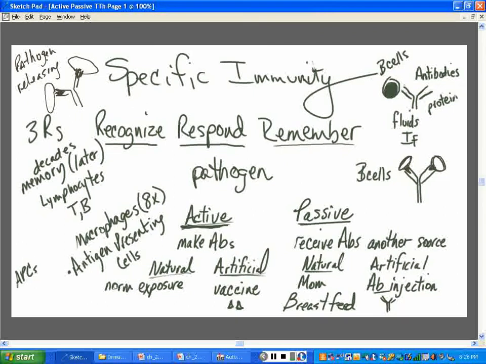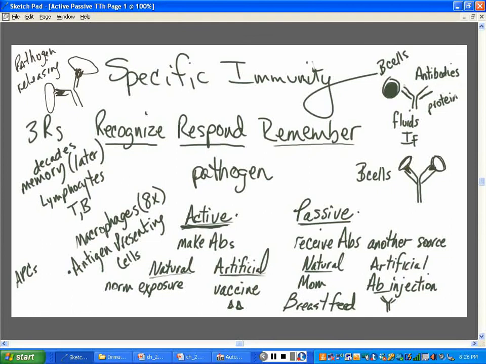So when we're talking about active and passive immunity, what you're going to actually see is we refer to this in whether the immune response is actually making antibodies. If we are making antibodies, we call that active immunity. If you are making the antibodies, we call it active immunity.